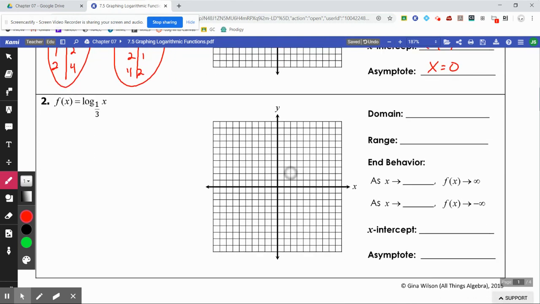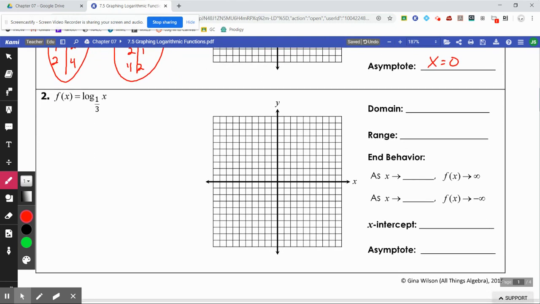Next one, instead of graphing y equals log base 1/3 of x, you can reciprocate that and graph instead x equals log base 1/3 of y. Change that to exponential form, which would be 1/3 raised to the x power is equal to y.